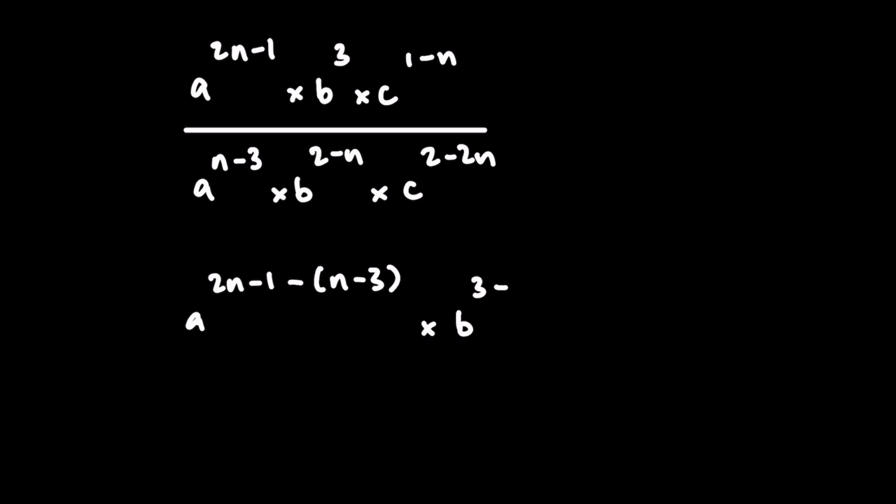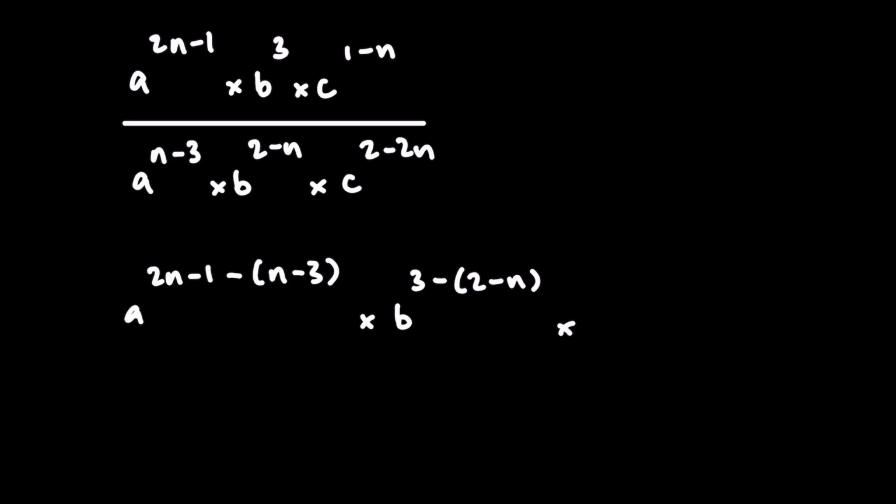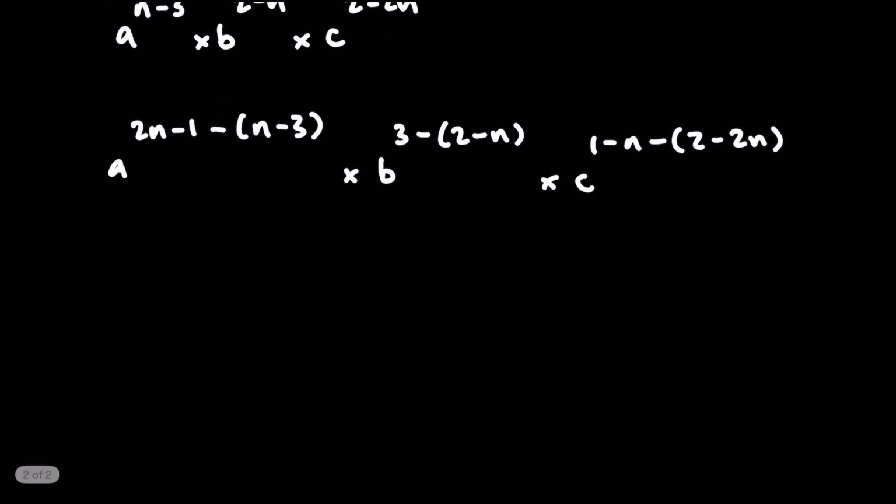So we can do b to the power of 3 take 2 take n. Then lastly, we can do c, and same thing, we can just do the indice on the numerator minus away the indice on the denominator, because we're dividing fractions. So we have c to the power of 1 minus n minus 2 take 2n.